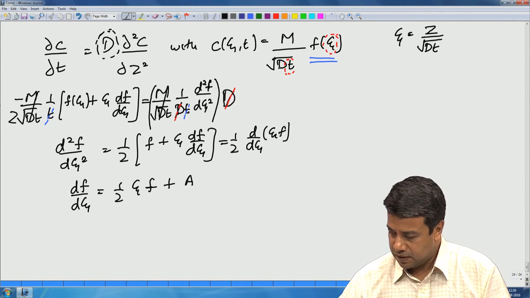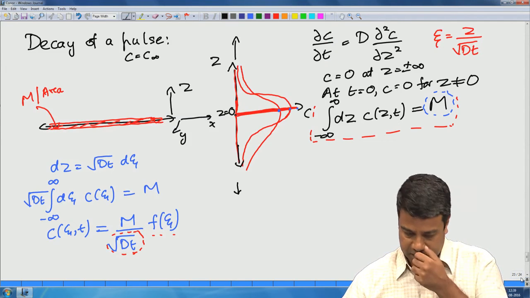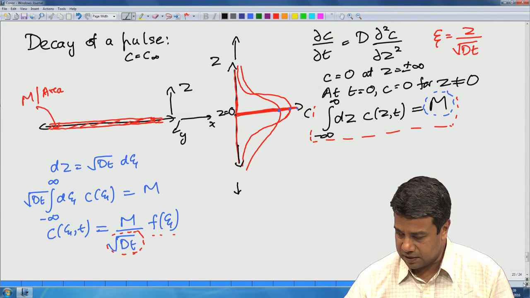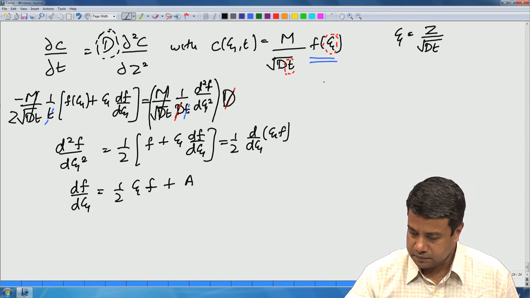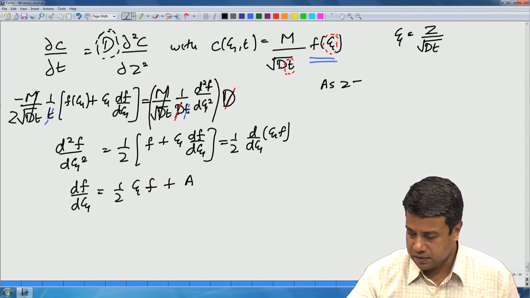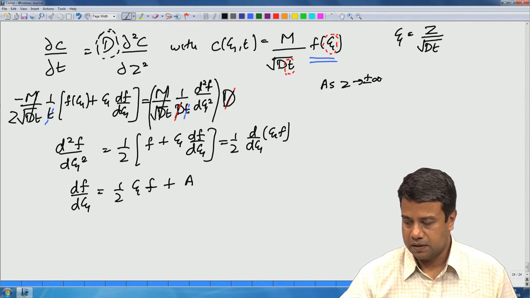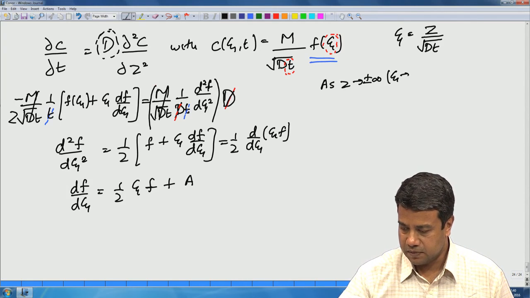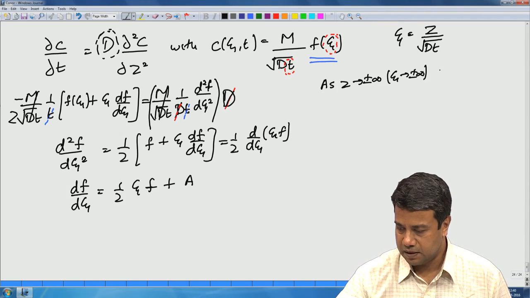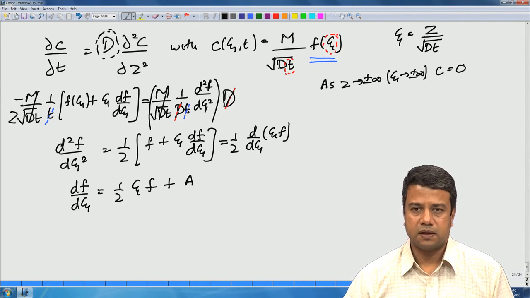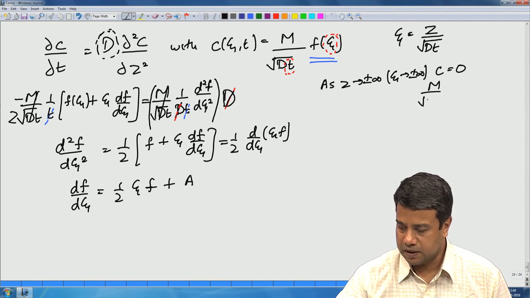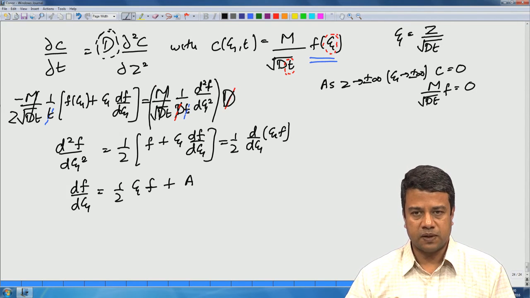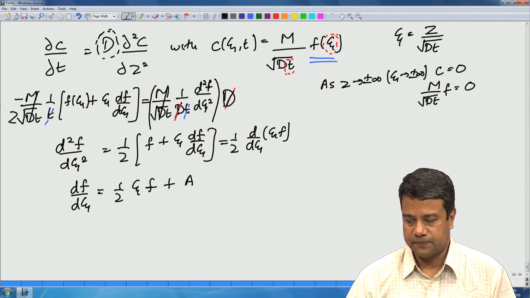If you recall, if I write down the boundary conditions in terms of the function f, as z goes to plus or minus infinity, which corresponds to psi going to plus or minus infinity, c is equal to 0, which means that m by root Dt f is equal to 0, because c is equal to m by root Dt into this function f of psi.